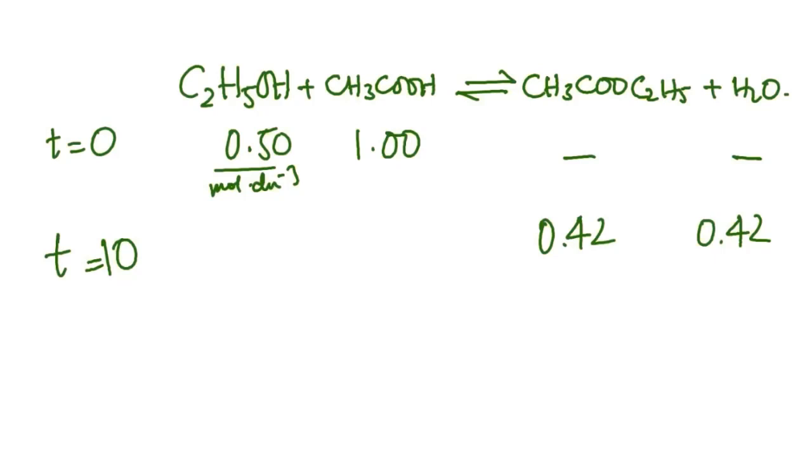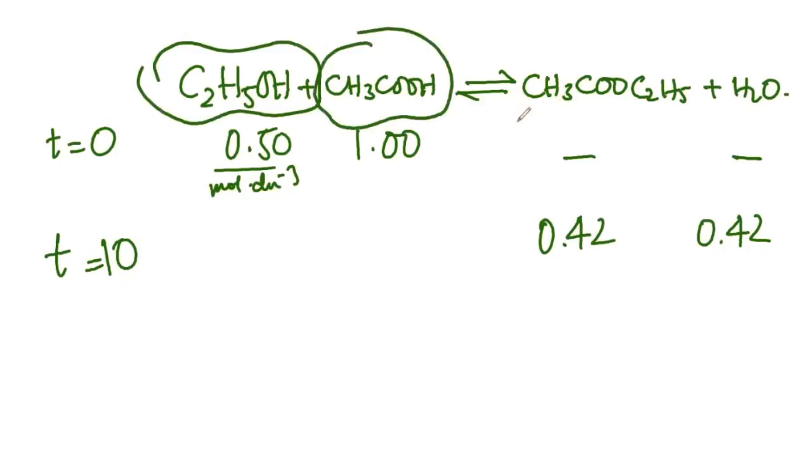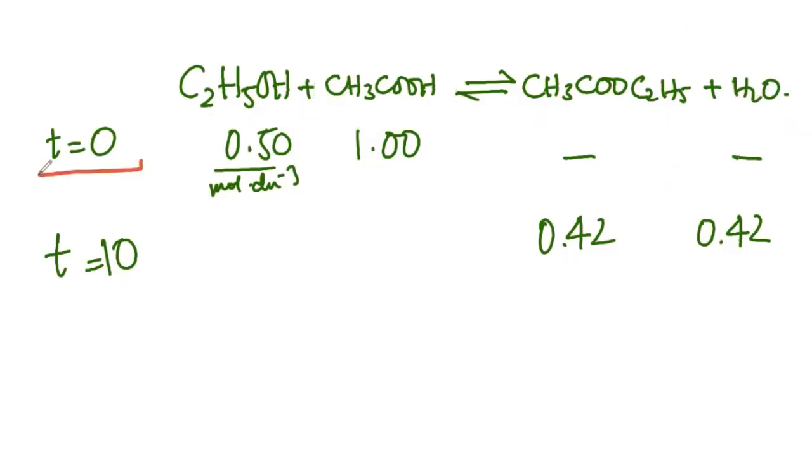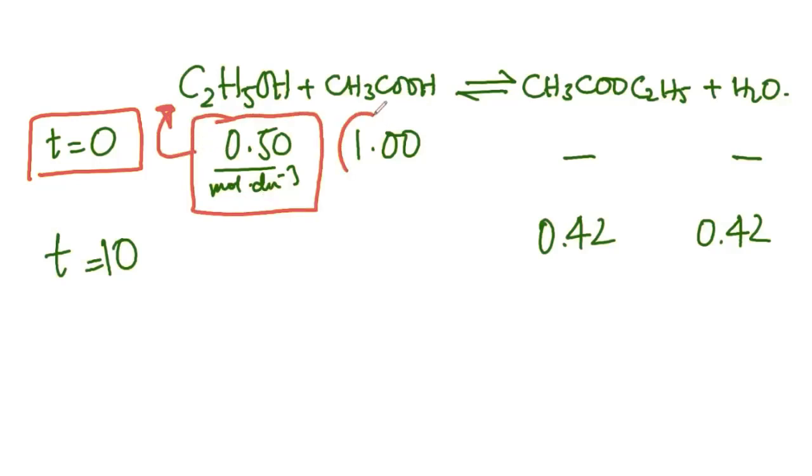Just to give you a hint, ethanol is reacting with ethanoic acid, and we are going to get our products, which are ethyl ethanoate and water. At the start of the reaction, we have just 0.50 moles per dm cube of ethanol, and we have 1.00 moles of ethanoic acid.